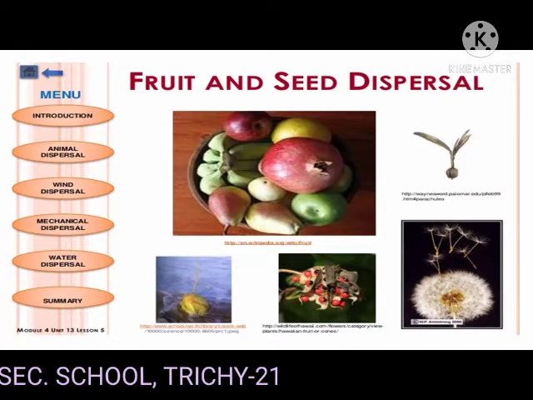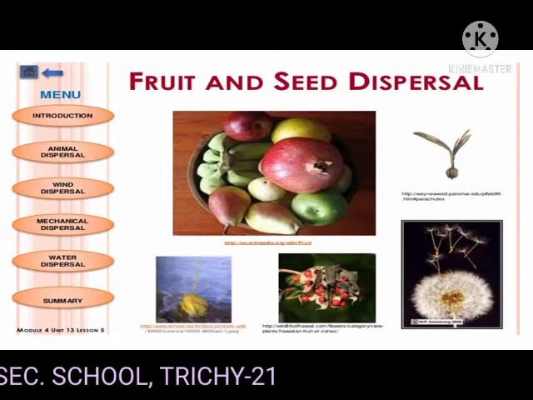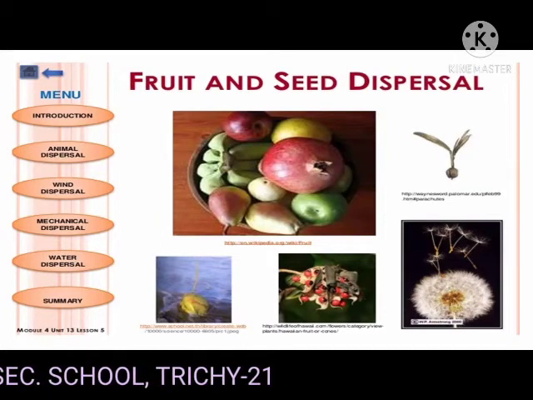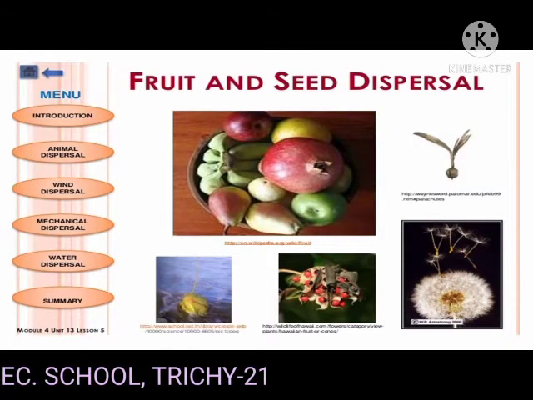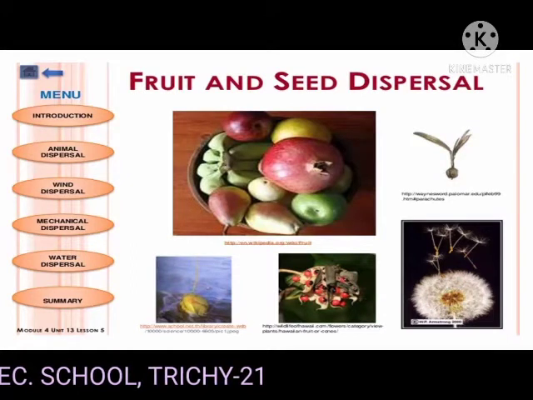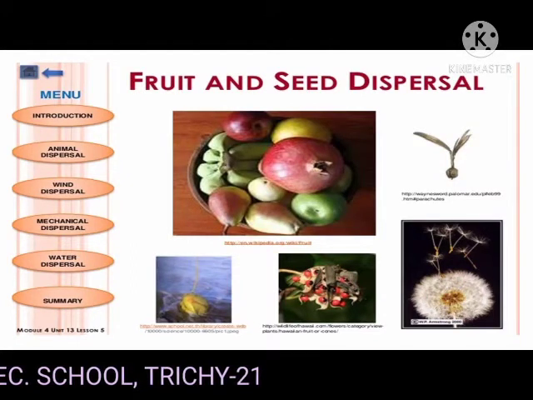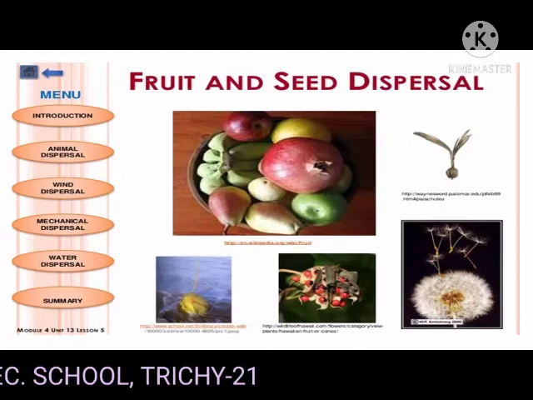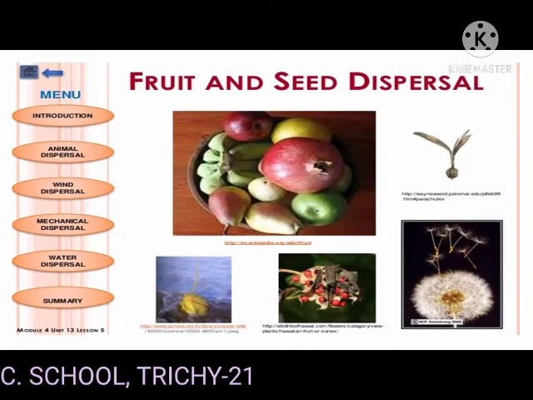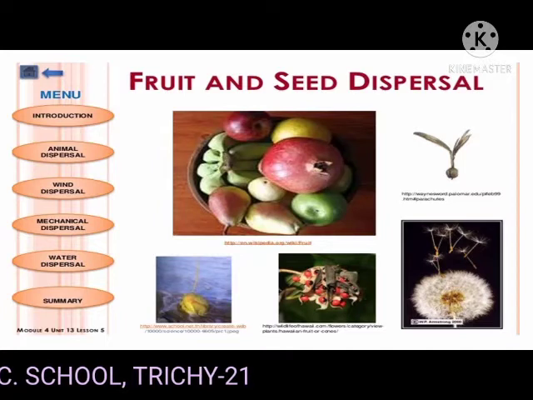The dissemination of seeds and fruits to various distance from the parent plant is called seed and fruit dispersal. It takes place with the help of ecological factors such as wind, water, and animal.